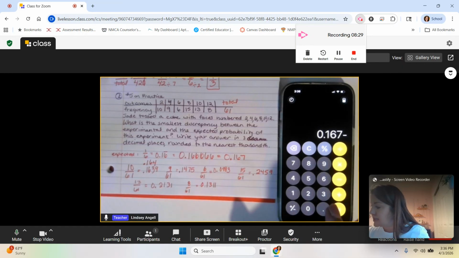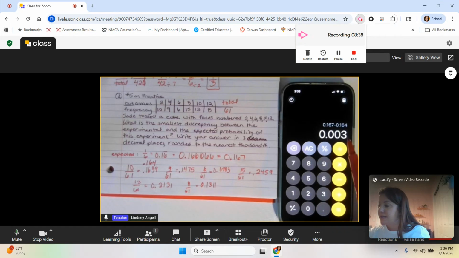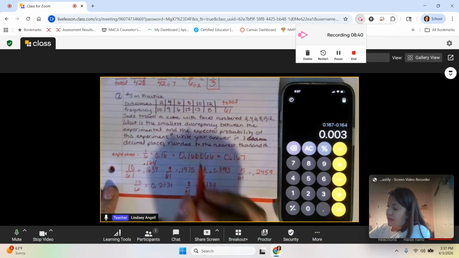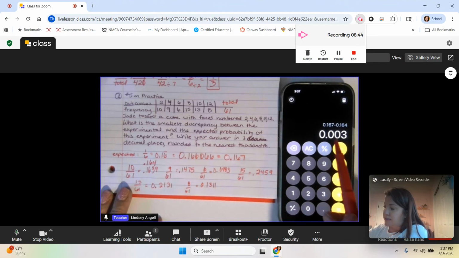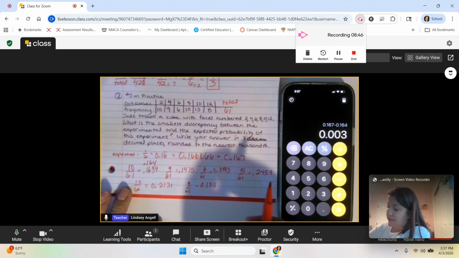In this case, that's 0.164, giving us a discrepancy of 3, let's see, we've got tenths, hundredths, thousandths, okay?